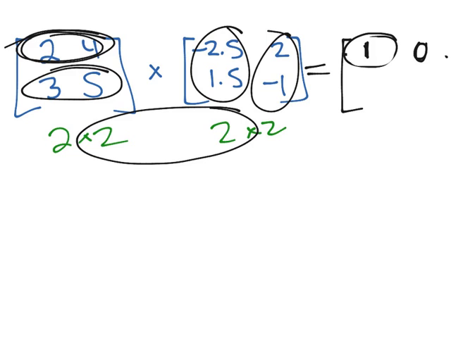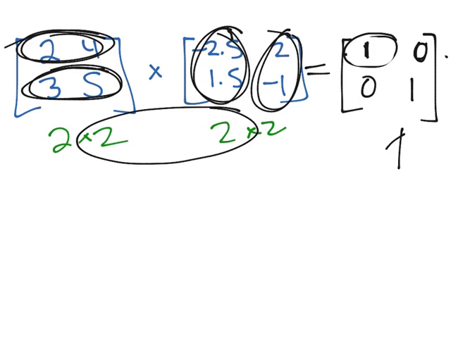Next, second row, first column, 3 times negative 2.5 is negative 7.5, and then plus 5 times 1.5 is 7.5, and so negative 7.5 plus 7.5 is just equal to 0, so we replace that with a 0. Then second row and second column, 6 plus 5 times negative 1, negative 5, and 6 minus 5 is equal to 1.